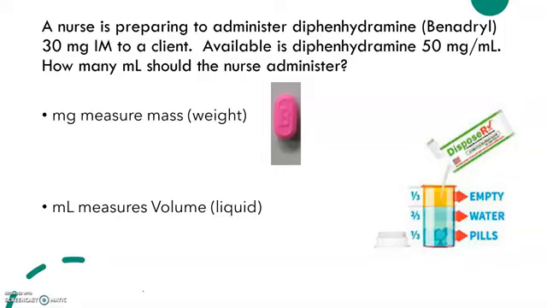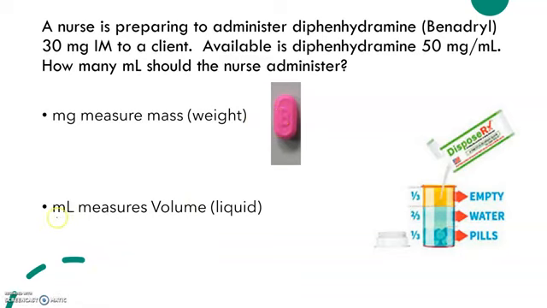So before going into the question, I want to point out some basic things that you should know first, or basic understanding that you need to have. Milligram measures mass, which is actually weight. When you talk about milligrams, you're talking about the mass or the weight of the medication.